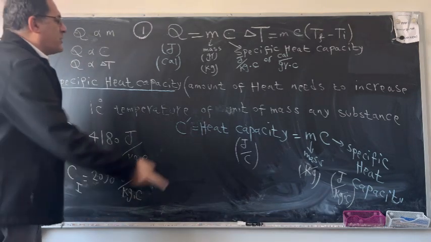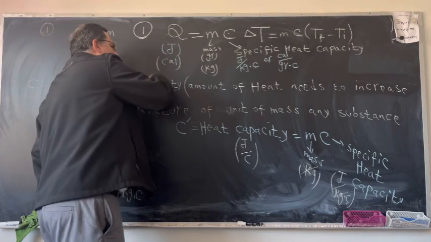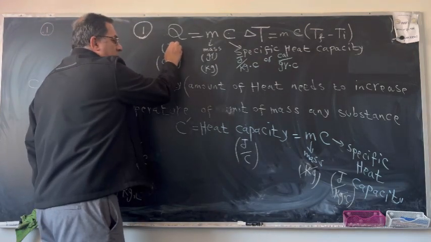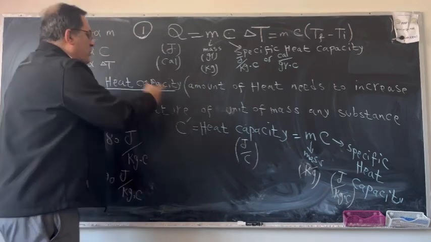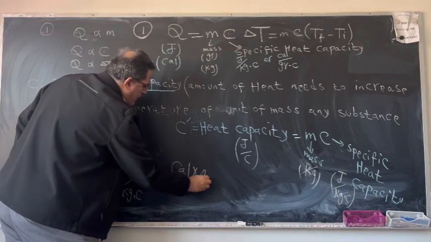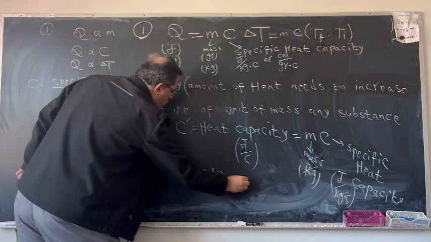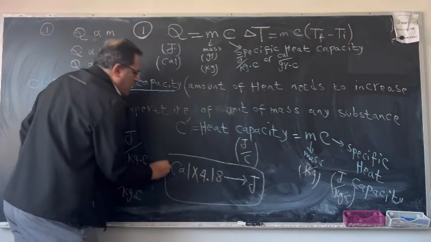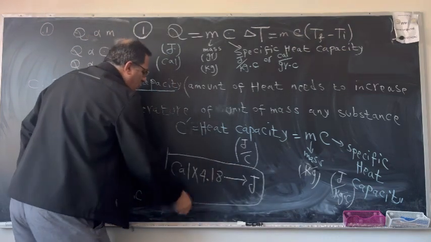The unit of heat can be joules, kilojoules, calorie, or kilocalorie, but mostly it is joules. And as I told you, to convert calorie to joules, multiply by 4.18. Unit of heat or energy: calorie or joules.